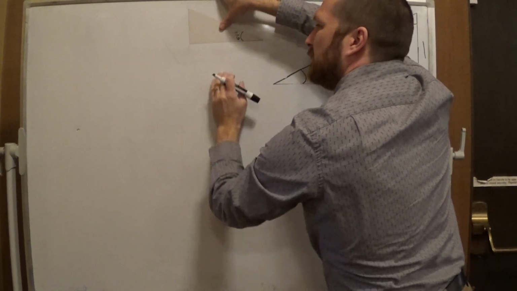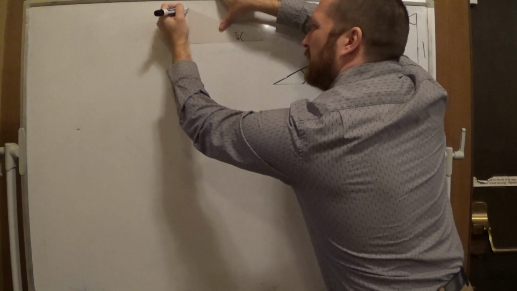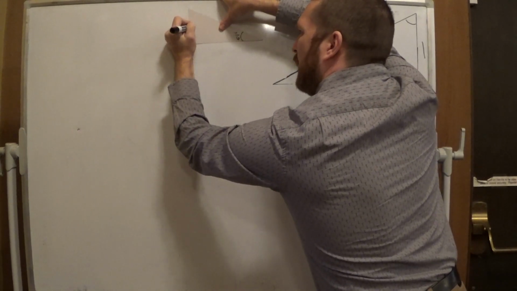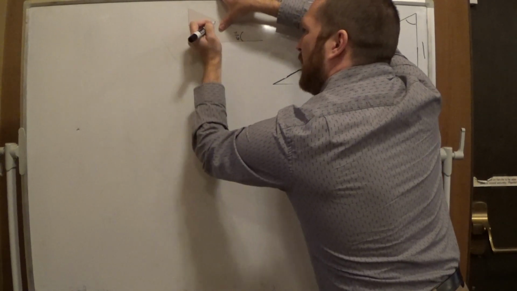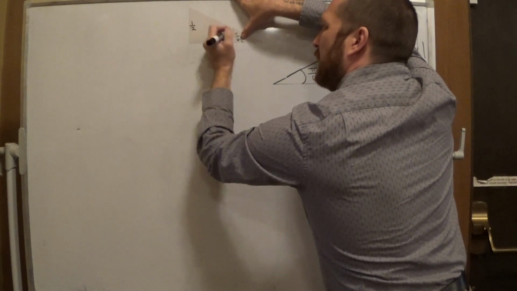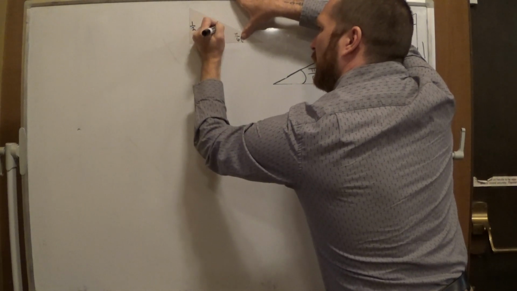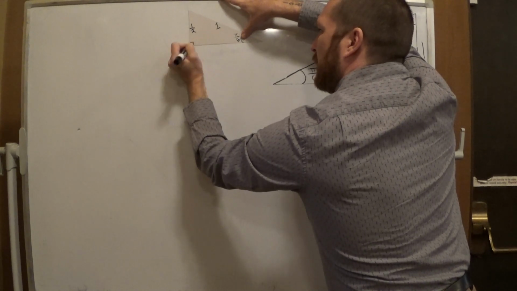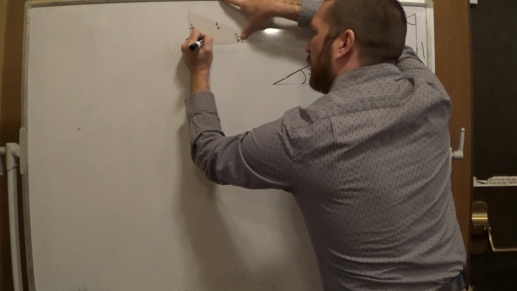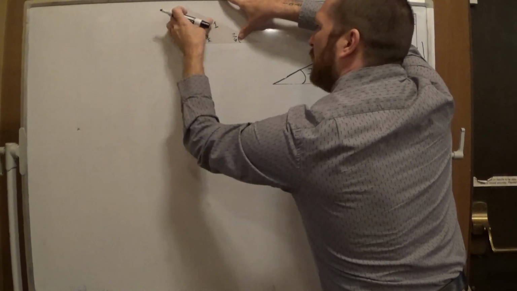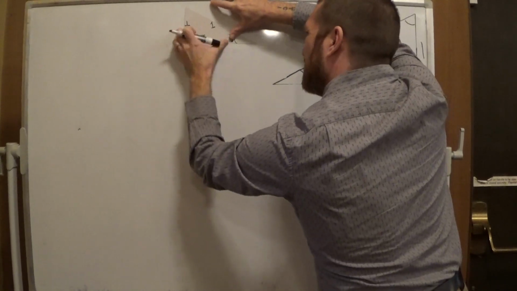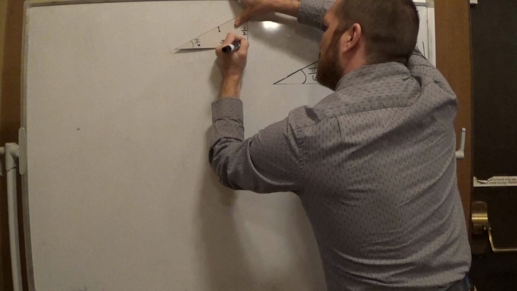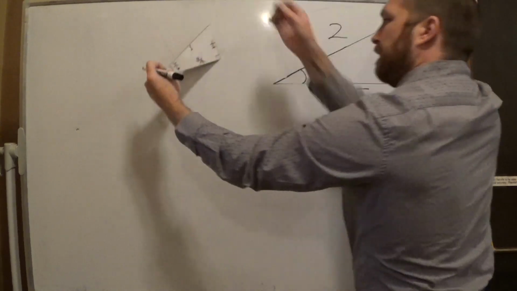Is anything different? No. So this is still what? 1/2. And this length is what? 1. And this length is what? Root 3 over 2. And this is indeed that. Okay.